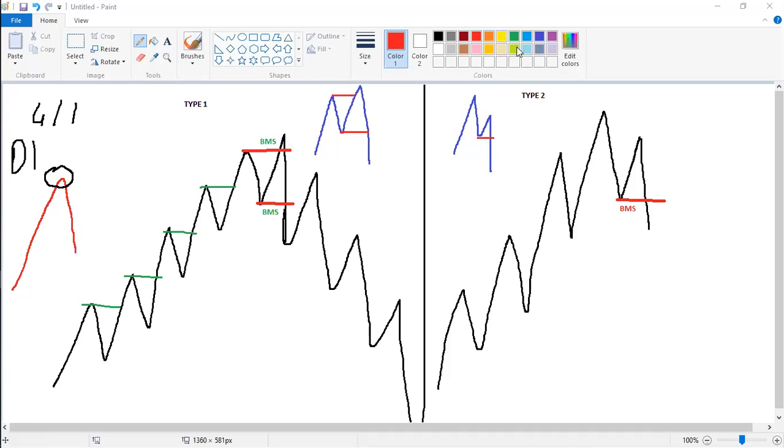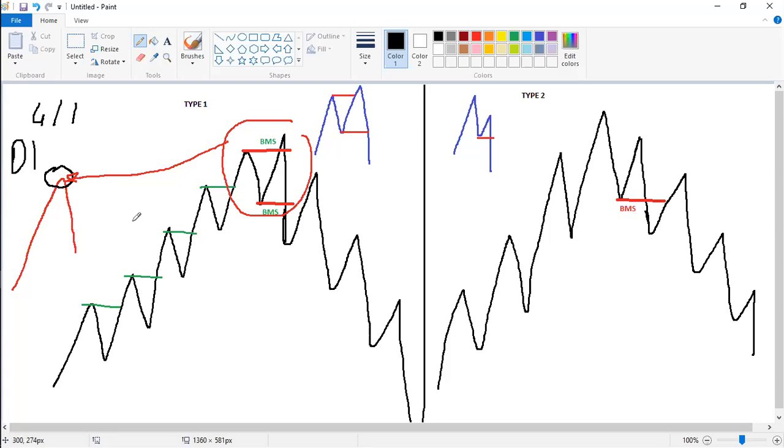So that is what you're going to see when daily changes direction. Either you see type 1 or you see type 2. Now we have lower low, lower high, lower low, lower high. Let's say now the daily comes down to make a higher low, then goes back up to break structure.